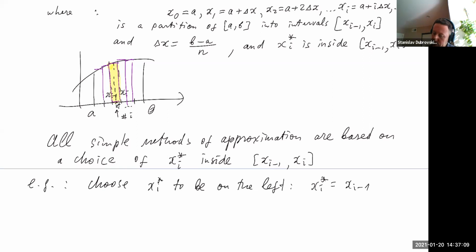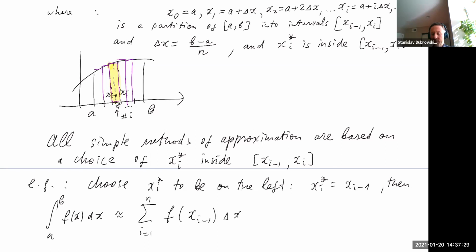Then we will say that our integral of f(x) dx from a to b is approximately equal to the Riemann sum, i goes from 1 to n, where all the choices are x_{i-1}, delta x.